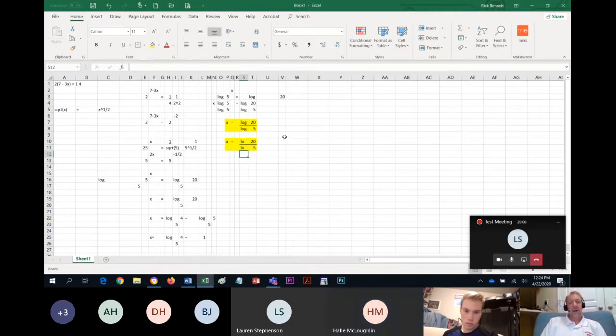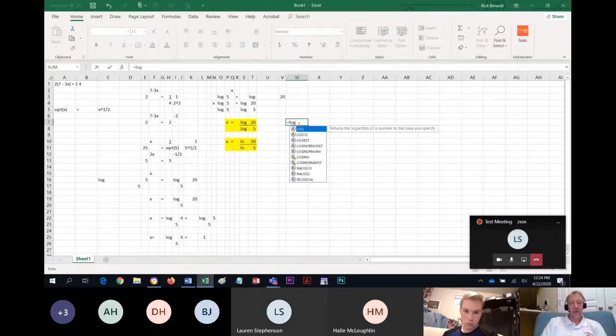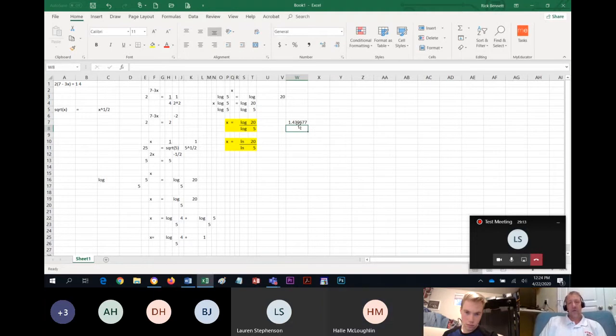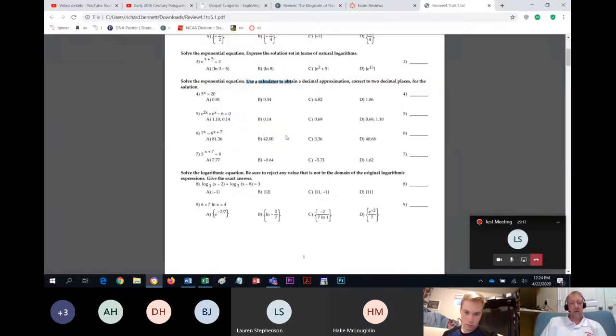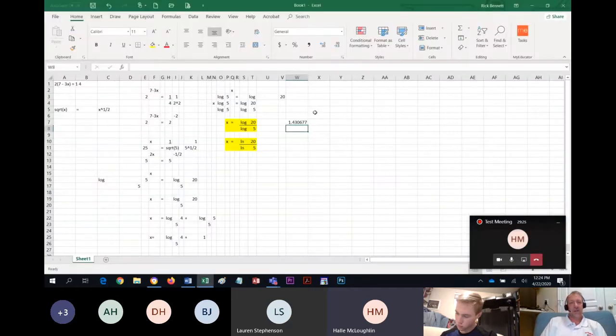Now to get the answer in the book, I'm just going to say equals log of 10 divided by log of 5, which is 1.43. The answer is 1.86. How did they get that?